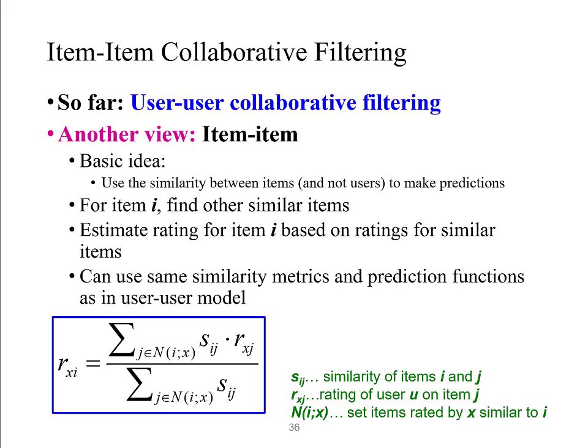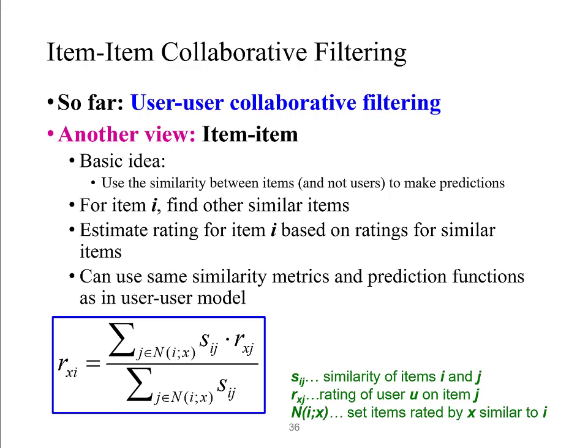Then we can estimate the rating of item i based on the ratings of item i from all these similar users. So this is the idea of user-based CF, and apparently another view of this problem is from the item side.